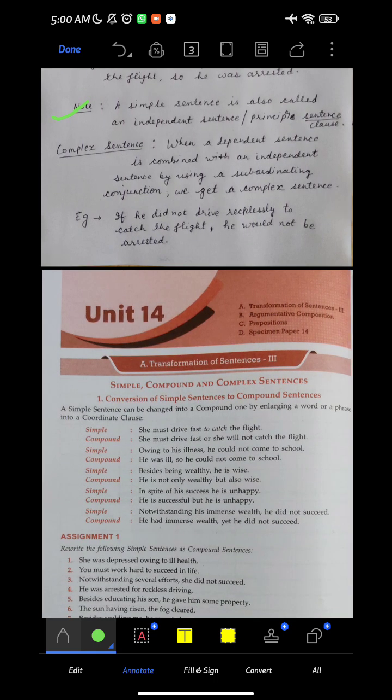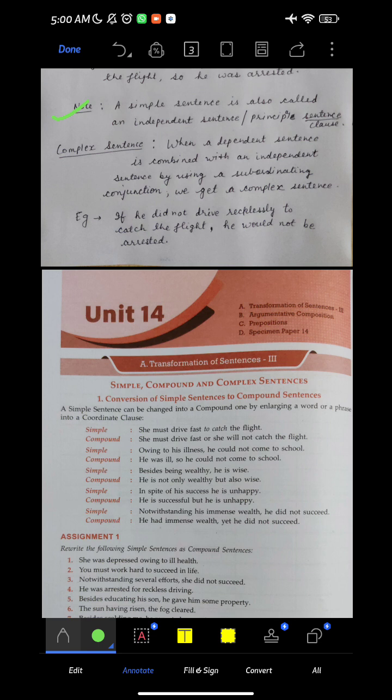When a dependent sentence is combined with an independent sentence by using a subordinate conjunction, we get a complex sentence. Conjunctions have two types: one is coordinating, then we have subordinating.